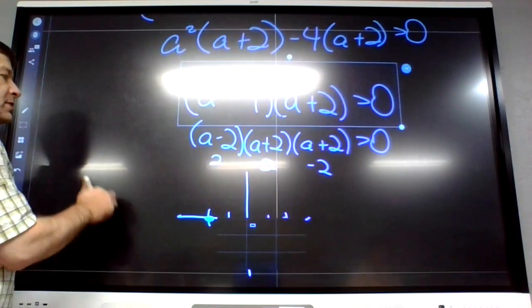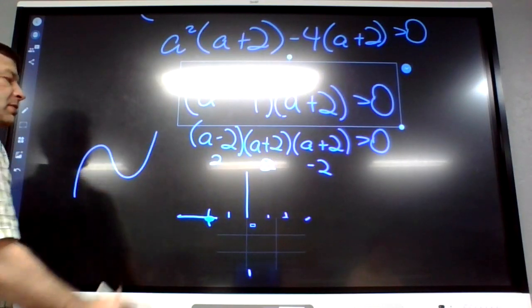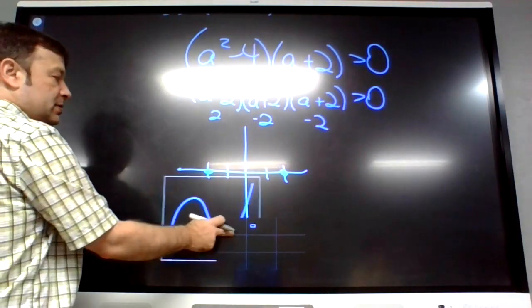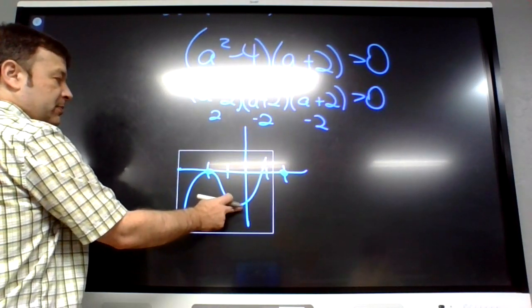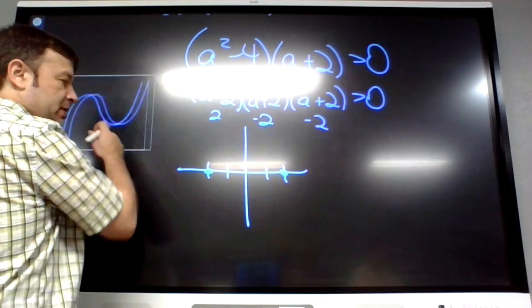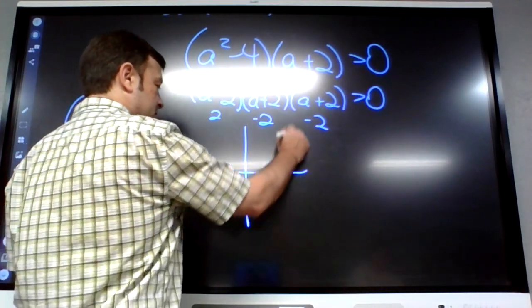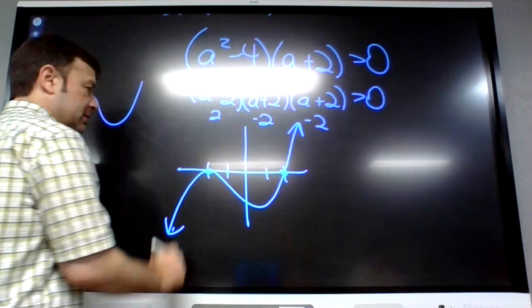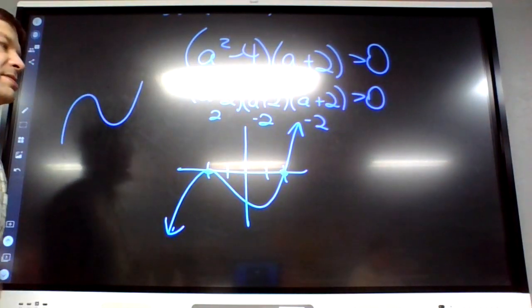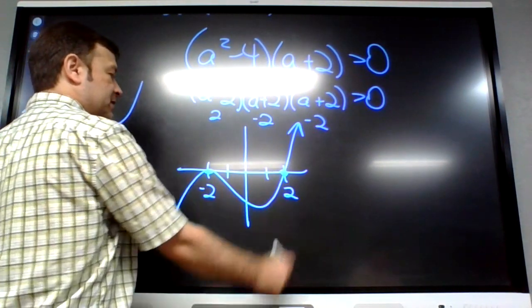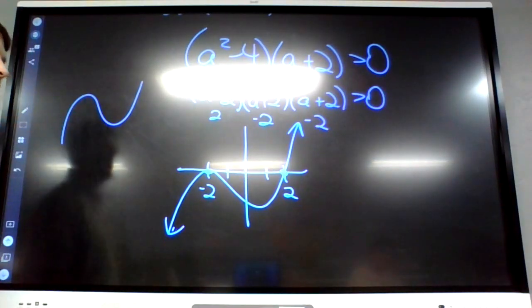A cubic function. Squiggle. Okay, so on our squiggle, this is going to be a double root, so it's going to bounce right there and go through there. So it's like that. You don't really have to put the lines on the graph, you just kind of need the -2 and 2.